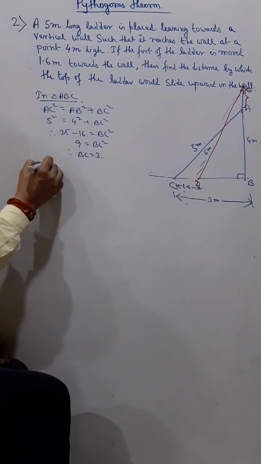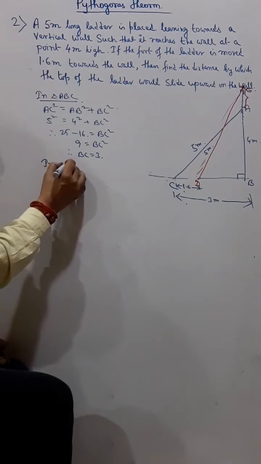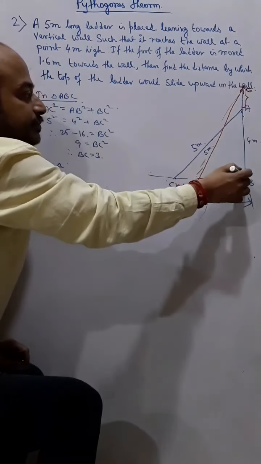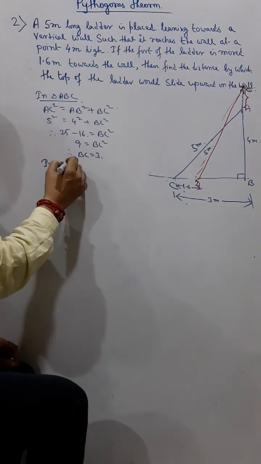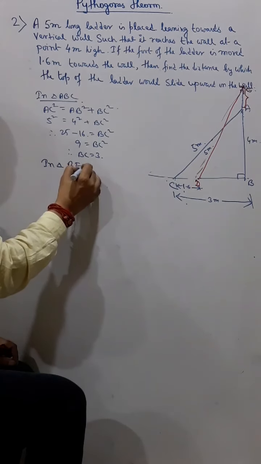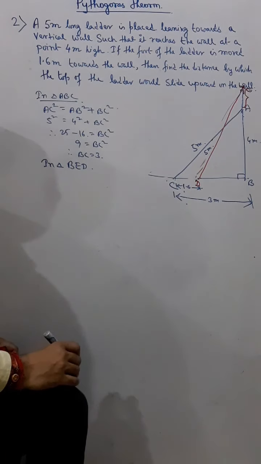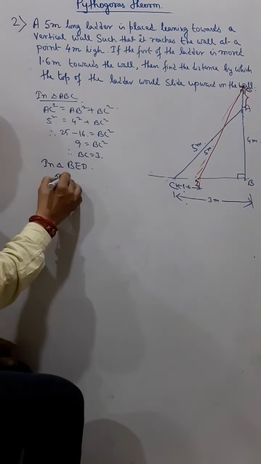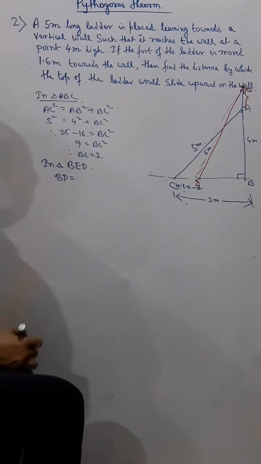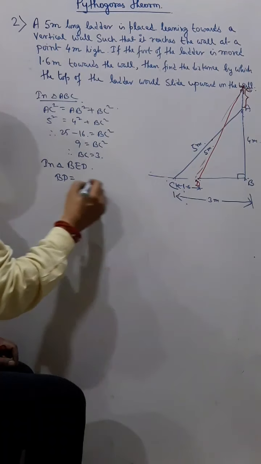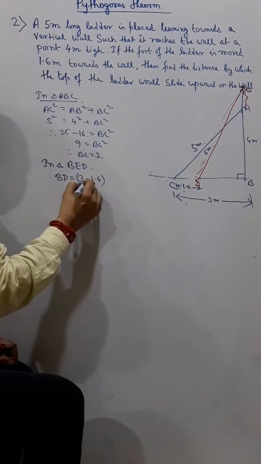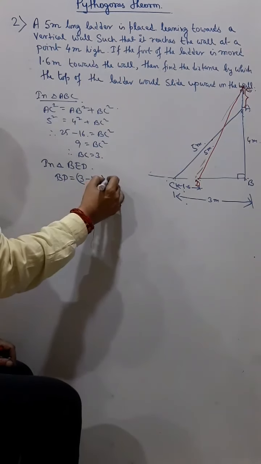Now in triangle BED, BD is in fact 3 minus 1.6 meter.